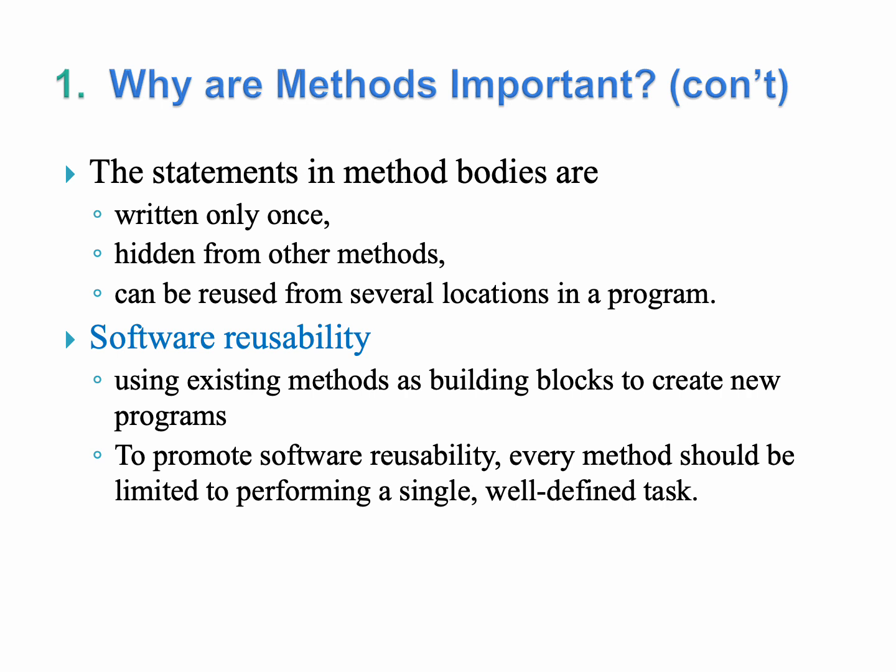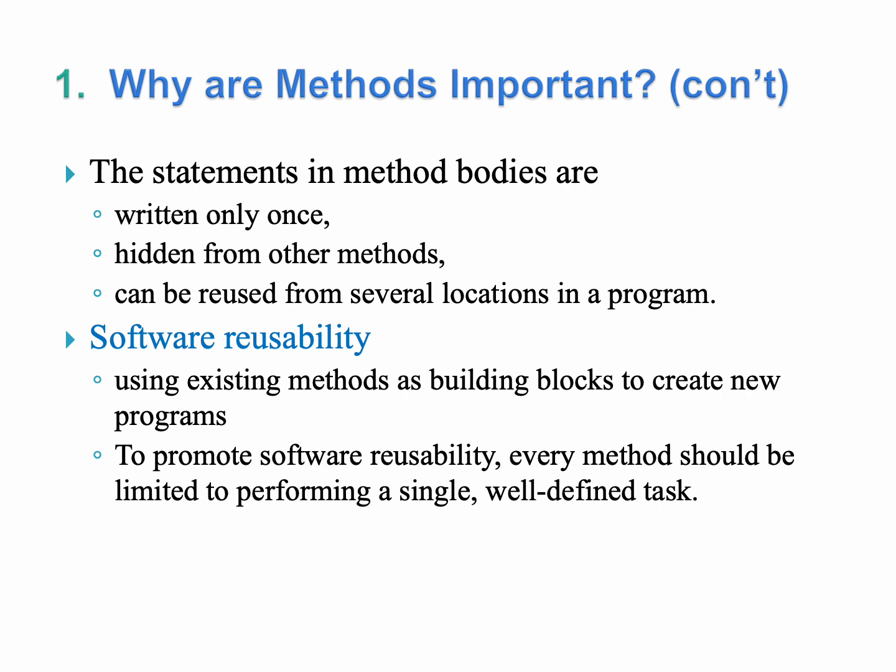To promote software reusability, every method should be limited to performing a single well-defined task, and the name of the method should express that task efficiently. A method that performs one task is also easier to test and debug than one that performs many tasks.